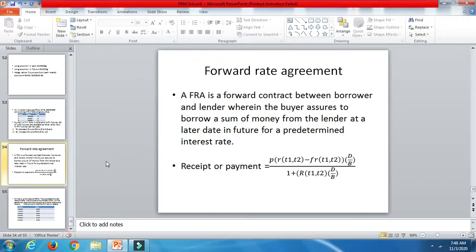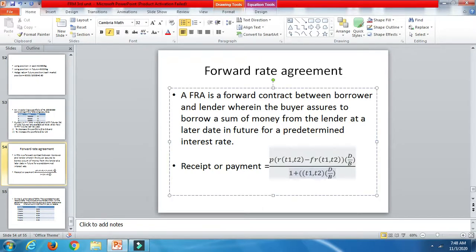D by B is nothing but the duration in days divided by B, the total number of days in a year, that is 365 days. And the denominator is also 1 plus R into D by B, where small r is the same as above: we take the interest rate that has been given in the question.